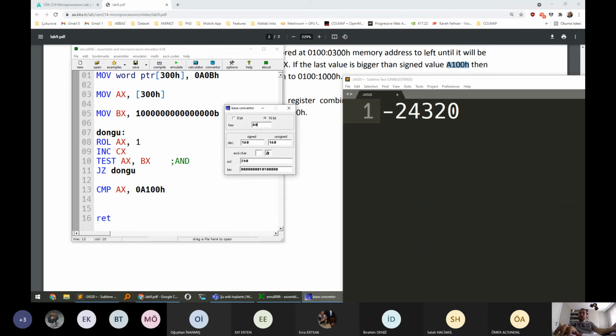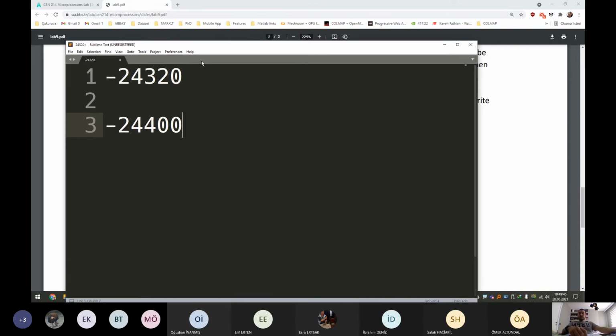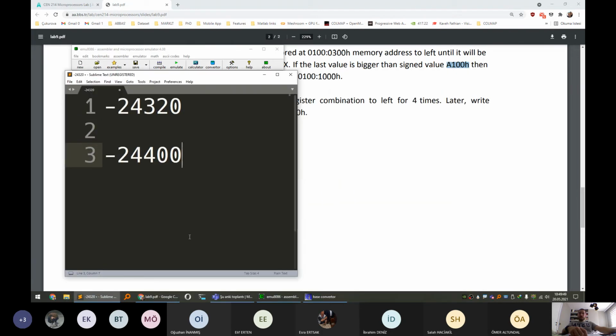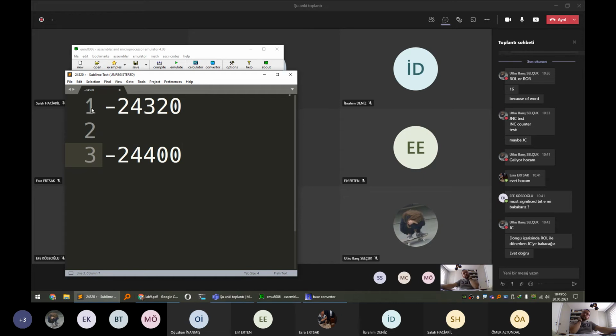It was A0B0. Okay, now the value is minus 24,400. Okay. My question, the simplest question. Which one is bigger? The line 1 or line 3? Which one is bigger?